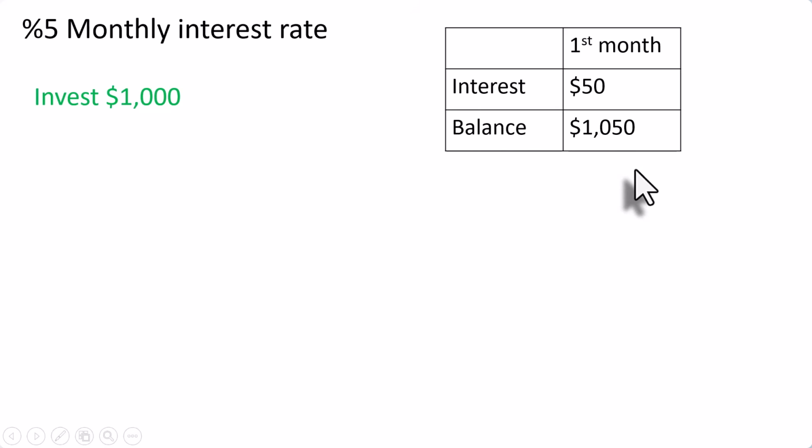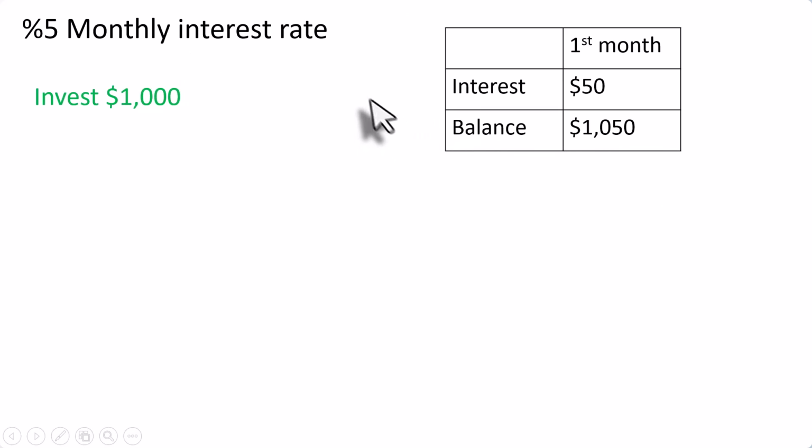Now, let's take a look at the second month and how much interest and balance I'm going to have at the end of the second month. We're going to have two scenarios here, depending on whether this 5% monthly interest rate is only applied to the initial $1,000 or applied to my updated balance at the end of the first month.